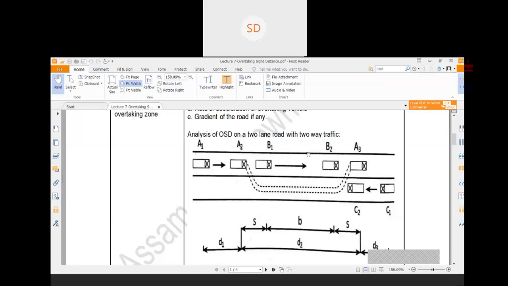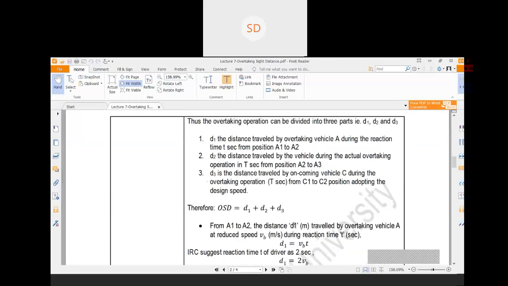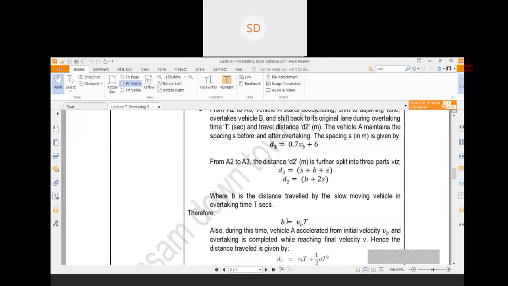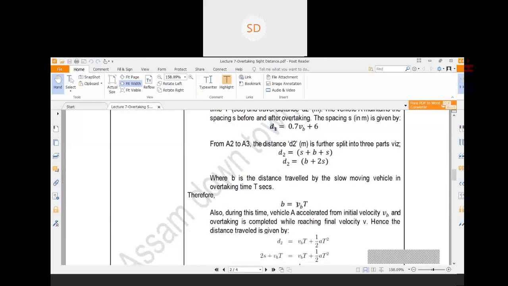So if the speed of the slow moving vehicle B is Vb meter per second, and the total overtaking time is T second, then your distance b is nothing but Vb into capital T second.